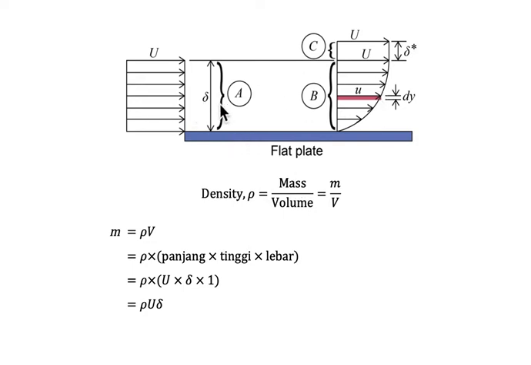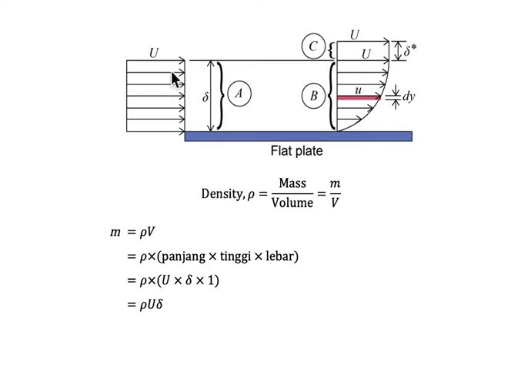Because this idea is using the conservation of mass, first we need to determine the equation to calculate the mass. As we know, density is mass over volume. Then we could say that mass can be defined as density times volume. And this volume can be calculated directly from this diagram, which is length times height times width.